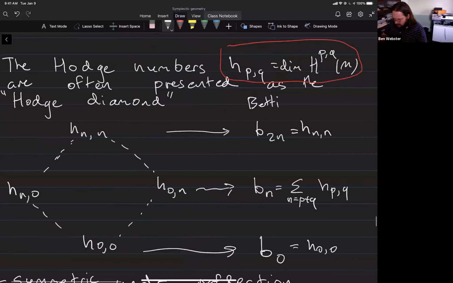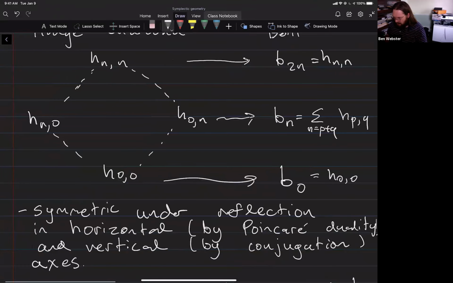All right. So this diamond has some really nice properties. The property about complex conjugation means if I reflect in a vertical axis, the diamond stays the same. Now, I said here that I can reflect in a horizontal axis because of Poincaré duality.